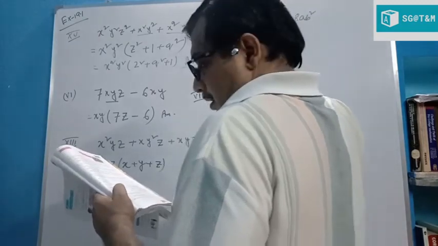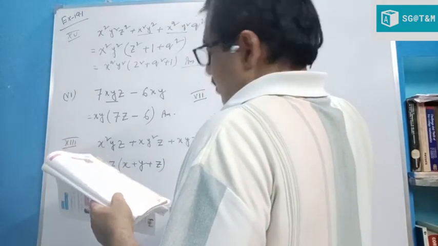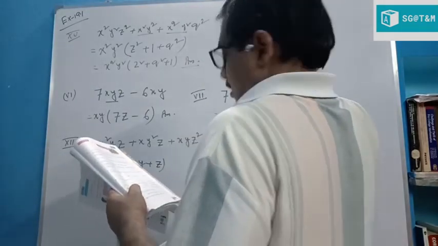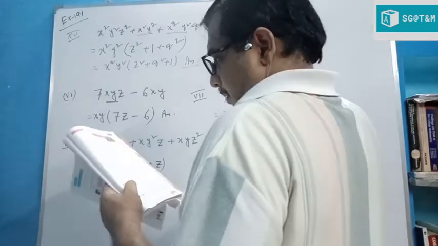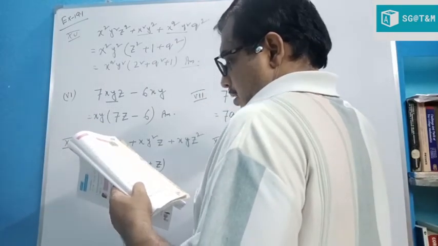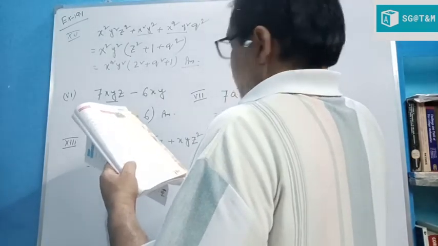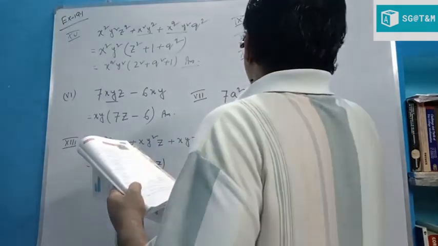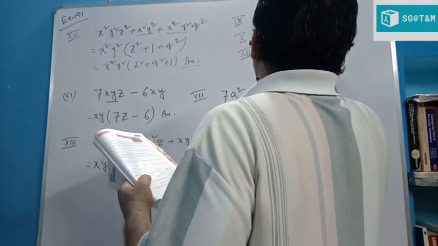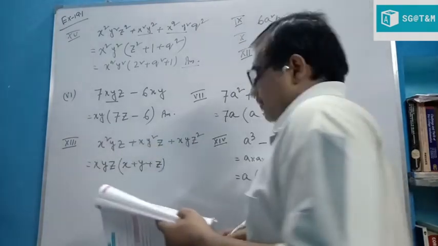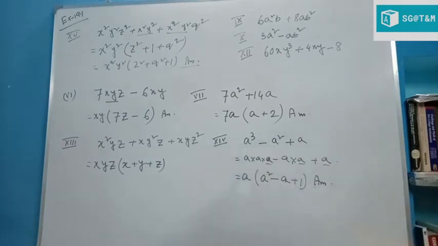Number 10 is 3a square minus ab square. And 12 is 60 x y cube plus 4xy minus 8.